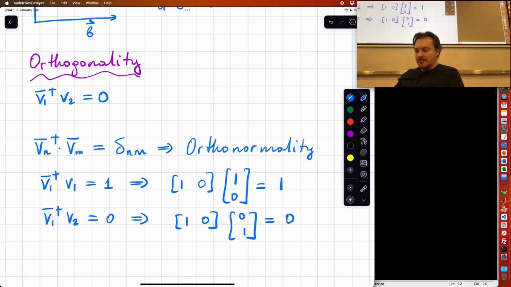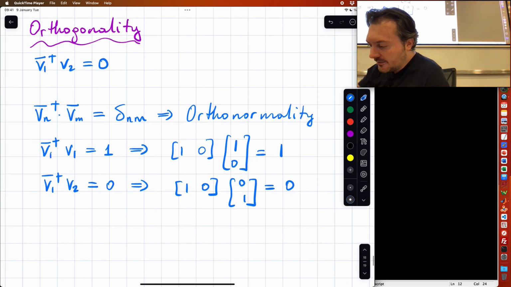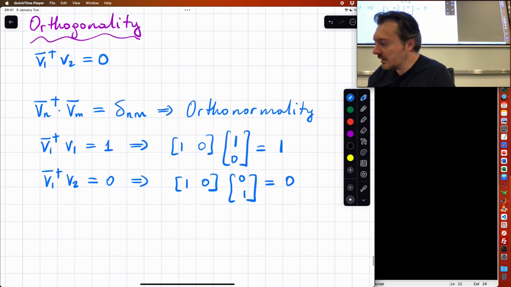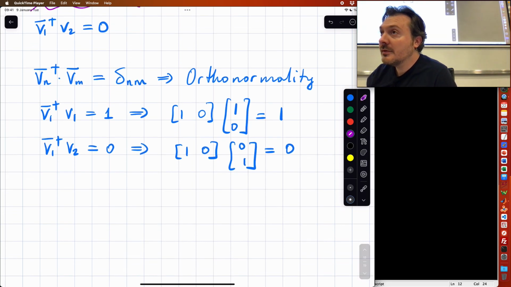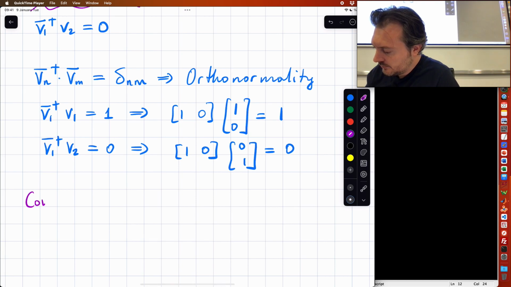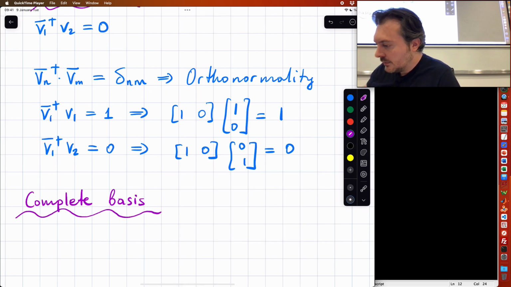So I explained orthogonality and normalization. Together, it's orthonormality. Now that you have orthonormal vectors, let me show you what you can do with them. Yes, sure. Why do you use delta nm?